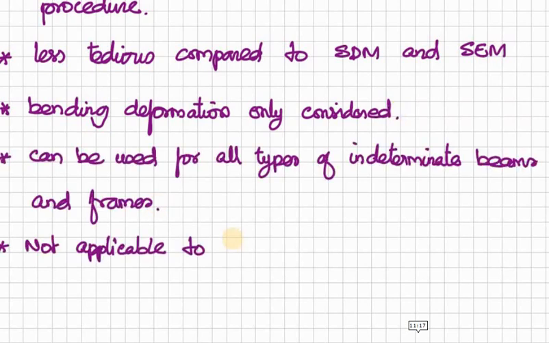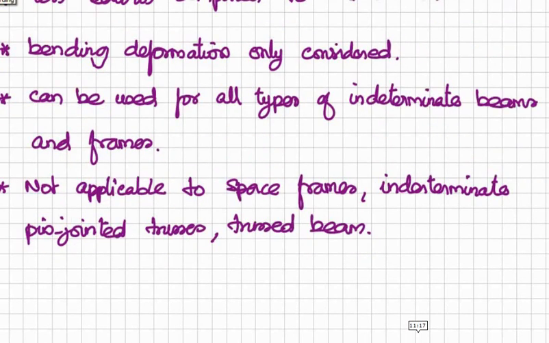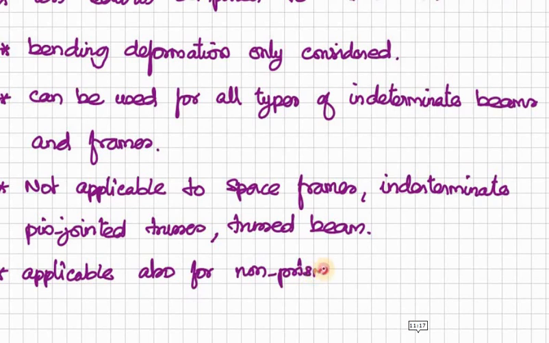But it is not applicable to space frames, indeterminate pin-jointed trusses, and also trussed beams. It is also applicable for non-prismatic sections. Then for a very high degree of freedom, it is more suitable than the slope deflection method.